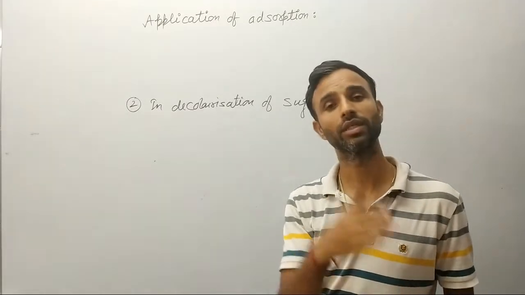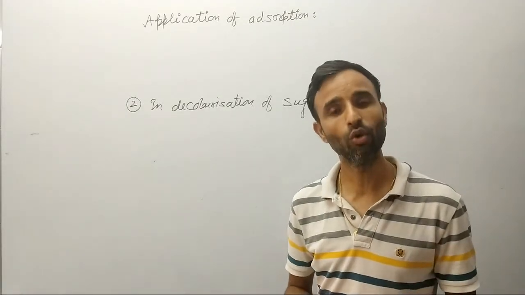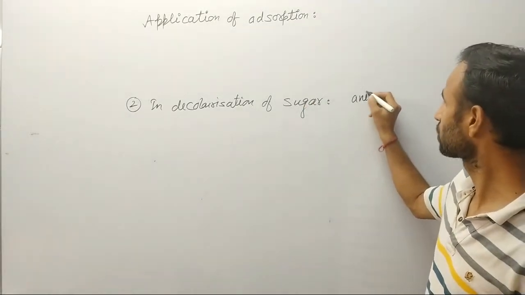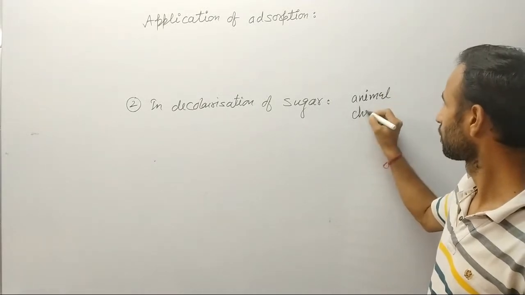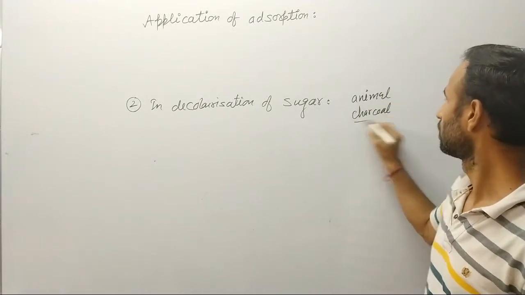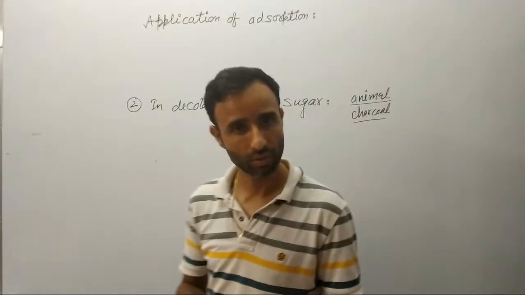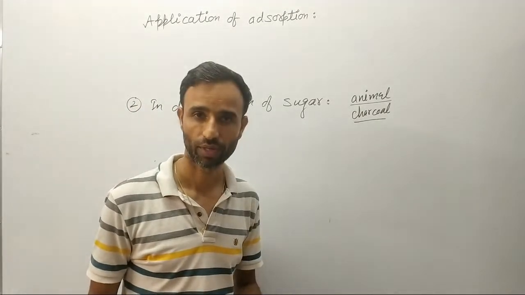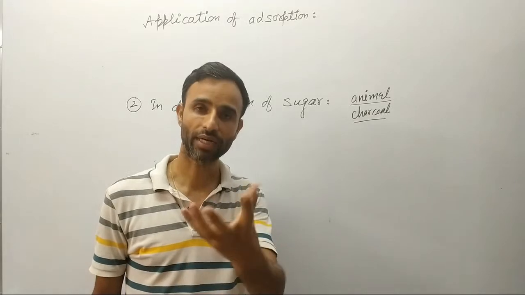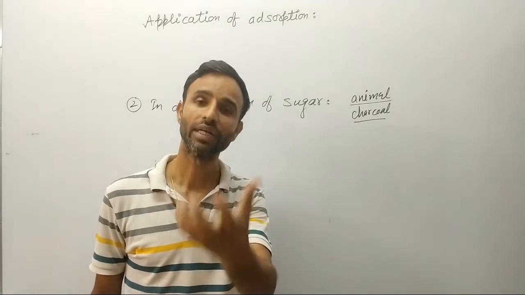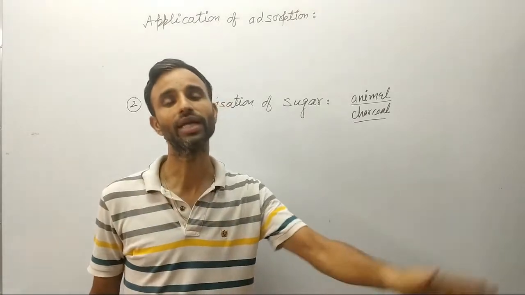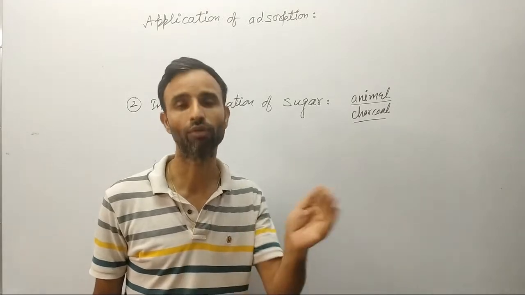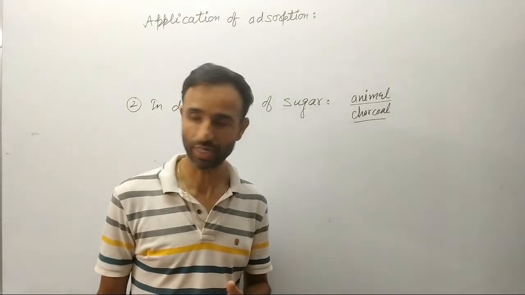We make a solution, and that solution is passed through an adsorbent, animal charcoal. Animal charcoal adsorbs that colored substance, the dye, and therefore we get the sugar solution free of color. Right?